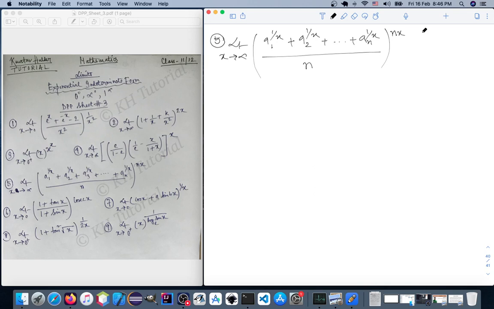So first we have to identify the indeterminate form. Clearly the g(x) over here is nx and it tends to infinity. So most probably the f(x) will tend to 1.